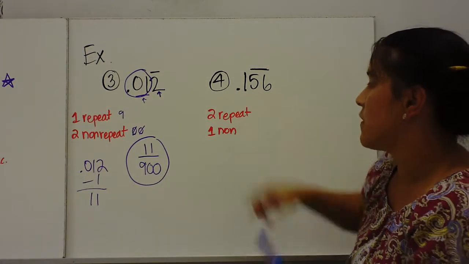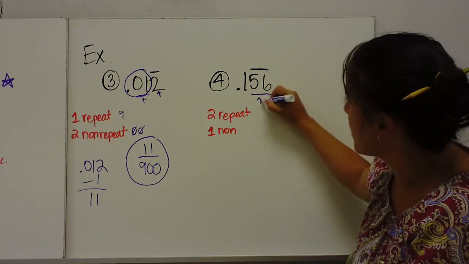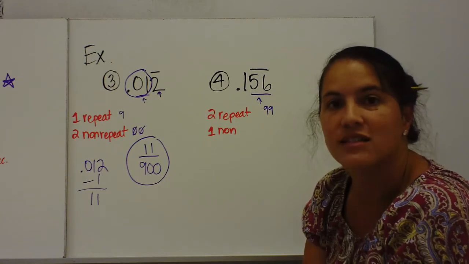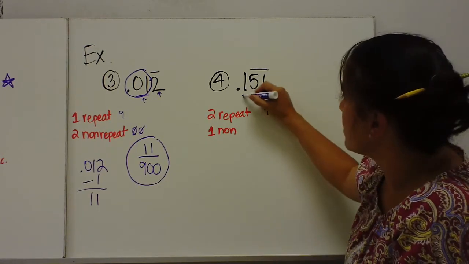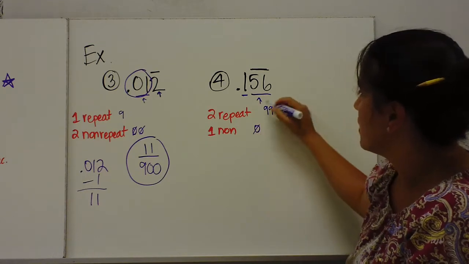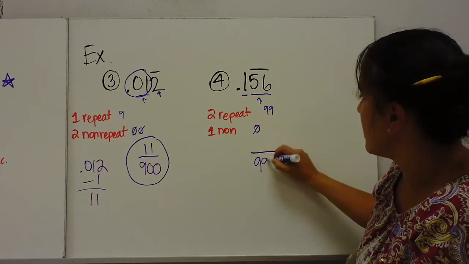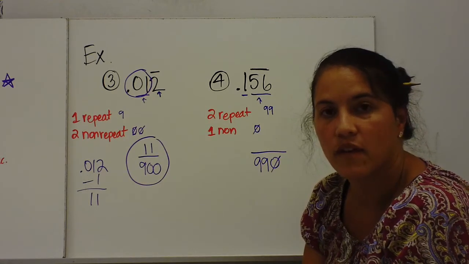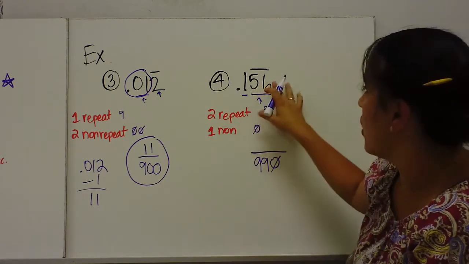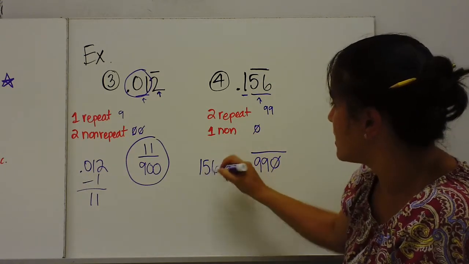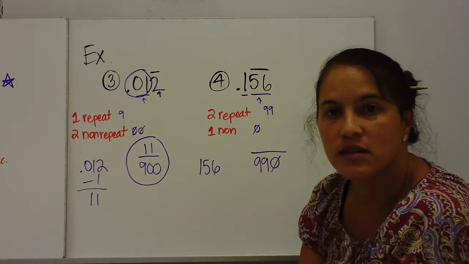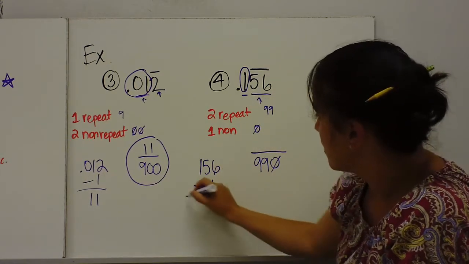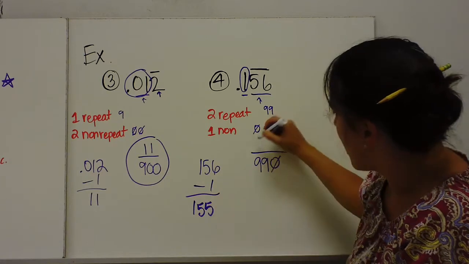0.156 repeating. So in this example, we have two numbers repeating, so that's 2 9s. However many numbers repeat, that's the 9s. And then one number is not, so that's a 0. So my denominator is going to be 990, 2 9s and a 0. My numerator, I need to take the whole decimal, 156, and I subtract the part that's not repeating. So this is 1, which is 155.